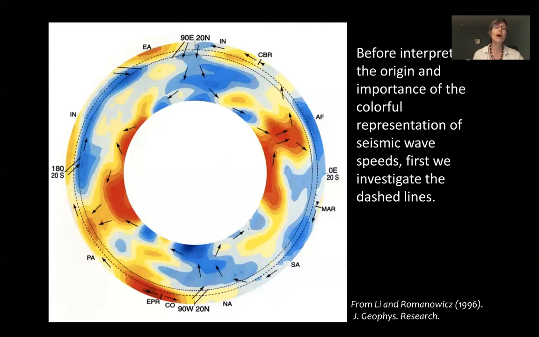So if we're going to understand what seismic tomography is telling us about the Earth's mantle now and how it may have gotten that way in the past, we want to think first about the significance of those lines.